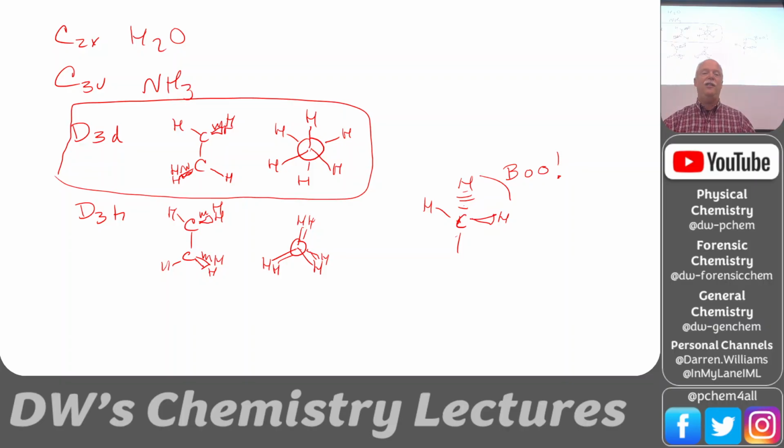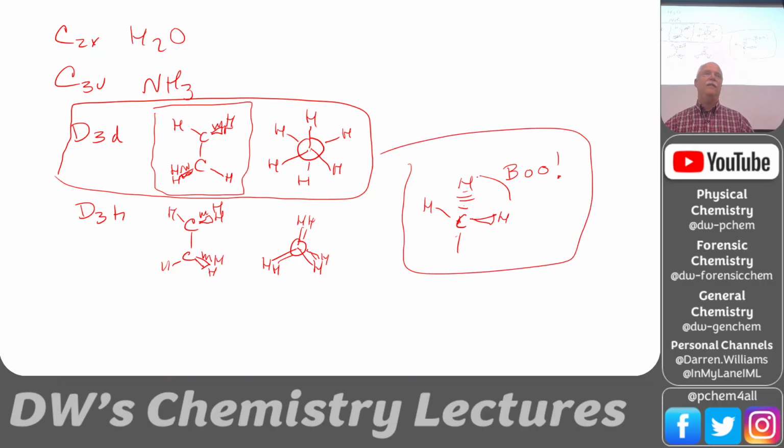So you can see the reflection plane over here. This is a reflection plane. I can easily see that. Over here, you can't see it because they're not on top of each other. I'm not telling you to draw these molecules accurately because I'm picky. I'm saying the more accurate the drawing, the more it helps you.